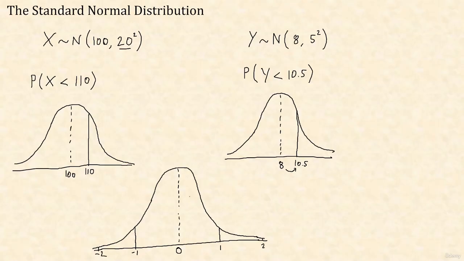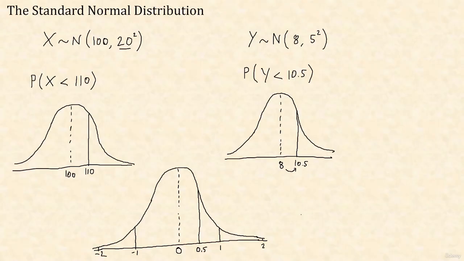It's how we're going to solve the majority of our normal distribution questions, because both of these, the x and the y, are both really asking the same thing, which is what's the probability of being half a standard deviation above the mean or less.